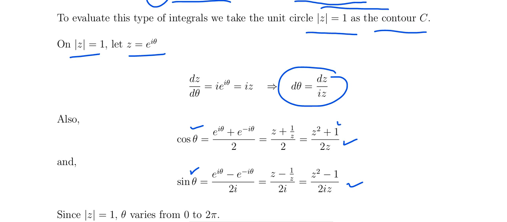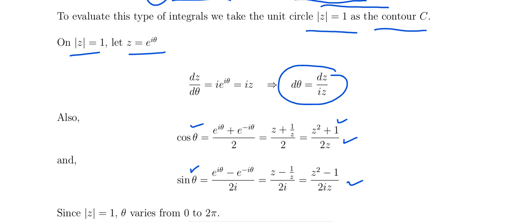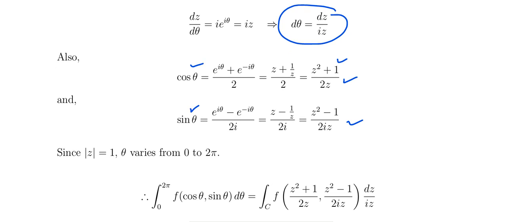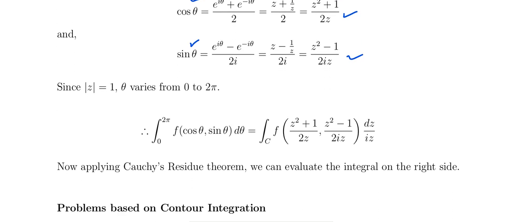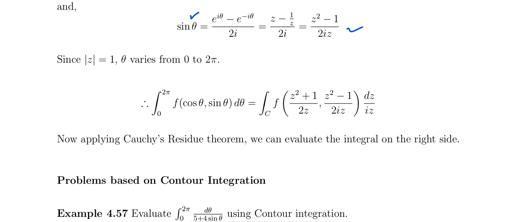So when you substitute in the problem f of cos theta, sin theta, the rational function, the problem becomes a function of z square plus 1 divided by 2z, z square minus 1 divided by 2iz, into dz by iz. So the problem is now totally in terms of z. Now applying the Cauchy residue theorem, we can evaluate the integral.